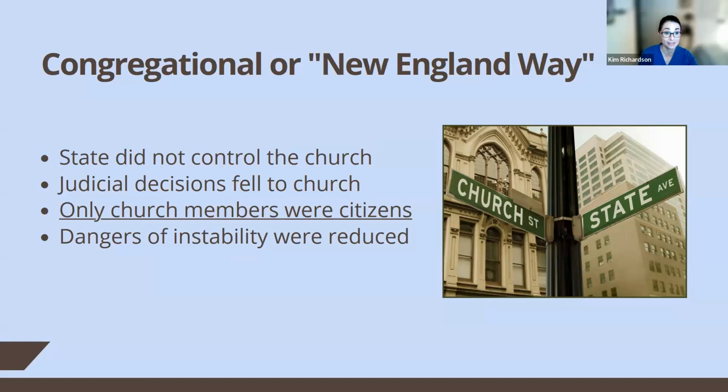It is exactly flipped when they come to America. When they come to America, there is the New England way or the congregational way. And the state government or the government overall did not control the church here. The church was the center hub of everything. Everything deferred to the church.